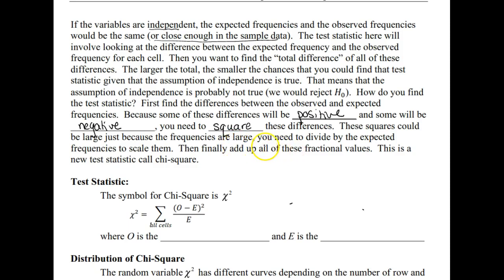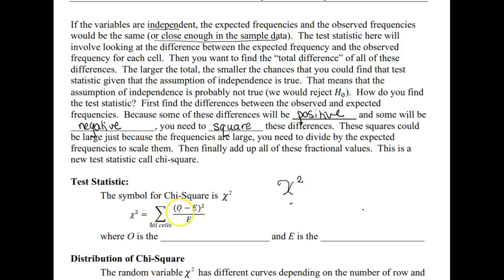So the next step is to divide by the expected frequency of each cell to scale them, to normalize them. Then finally add up all of these fractional values. And this gives us a new test statistic called chi-square. The symbol for chi-square looks kind of weird, just like a fancy X with the square symbol next to it.